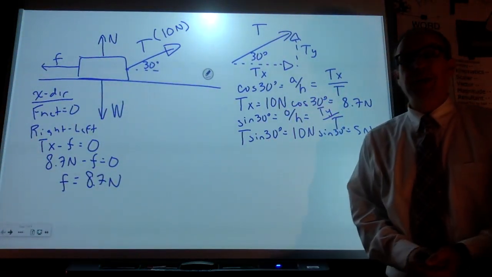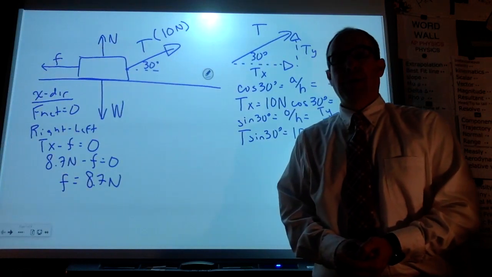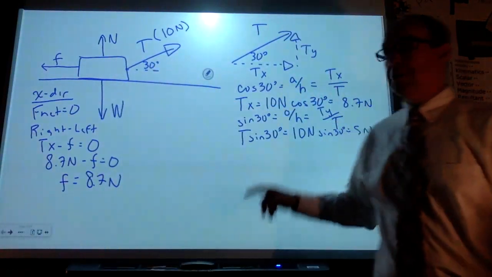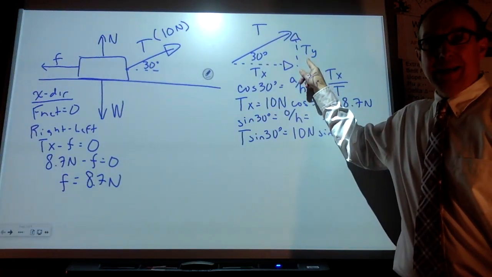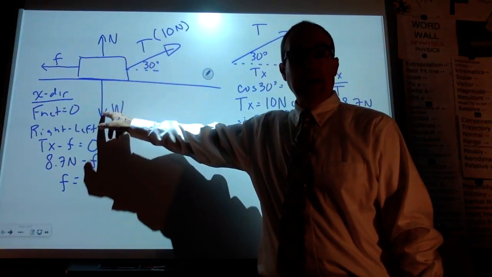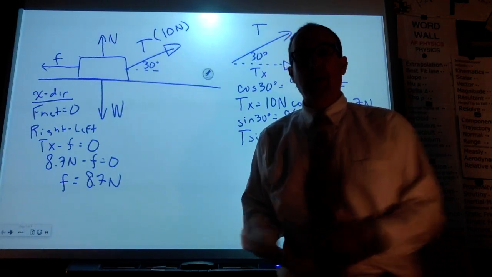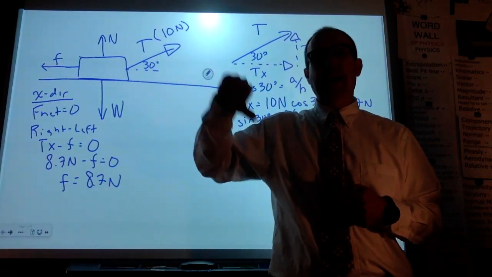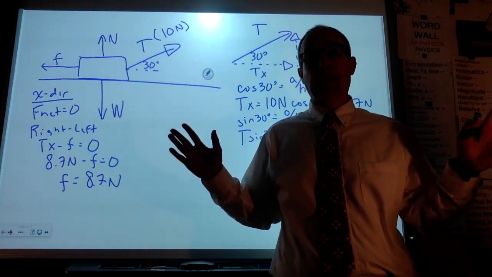The y direction is a little bit more complicated because we have 3 arrows. I have the normal going up, but I also have part of T, and then I have W going down. But they're also still balanced. Where this is sliding sideways at a constant velocity, up and down, nothing's happening. It's Fnet equals 0. They're balanced.